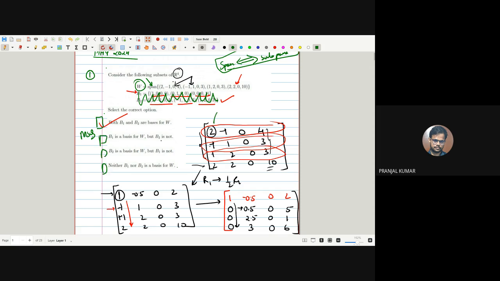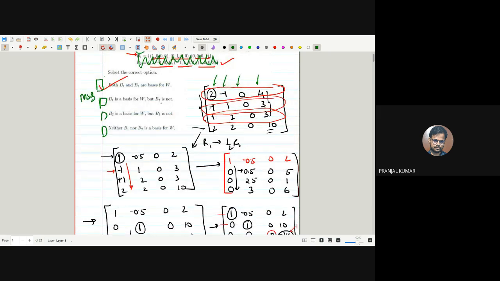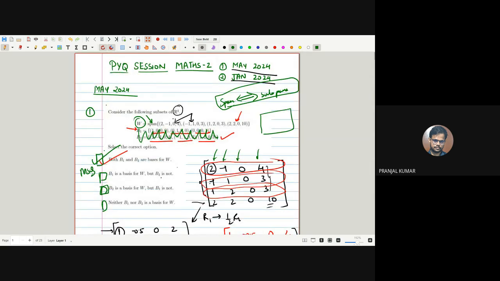Then if you place them as columns, at the end you will get some row echelon form matrix. Then, if you remember from yesterday, you would have to go to the original matrix corresponding to the columns in the reduced form. Whichever had pivots, you would have to take from the original matrix. So you might be able to mark one option, but there might be another option which was a basis for the same space, because any subspace does not have a unique basis.